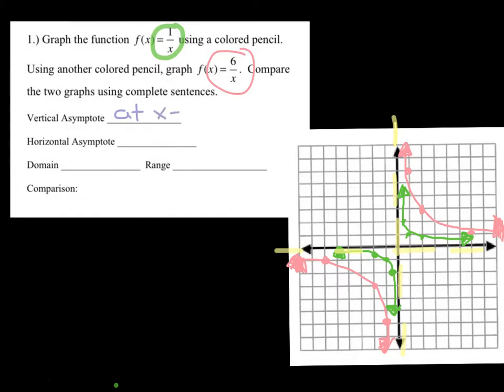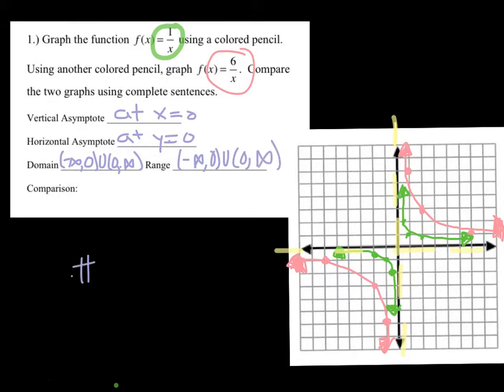Vertical goes through x, and horizontal goes through your y value. So the domain and range for both of these is going to be negative to positive infinity, but we're skipping over 0. So remember, that's what that union symbol means.